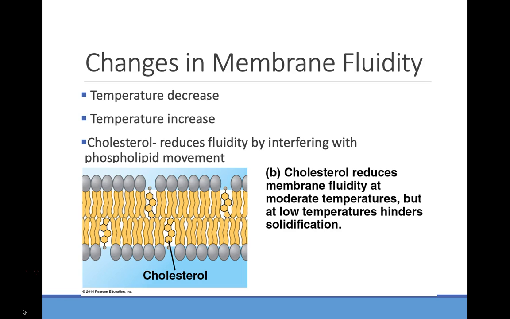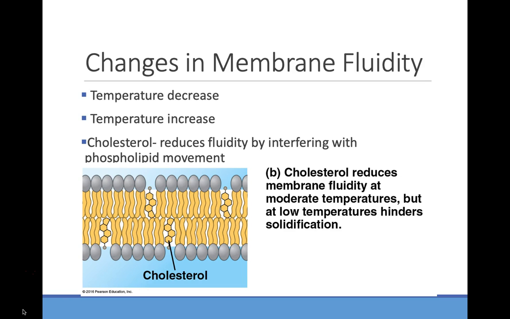So it sort of slows down their movement. But it does double duty. At low temperatures, when it's really cold, cholesterol actually blocks some of that really tight packing. So although it blocks movement at warmer temperatures, it also blocks a lot of packing. So depending on the environment, it can do both duties.